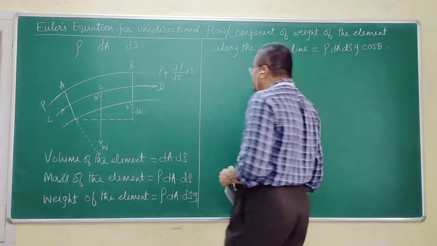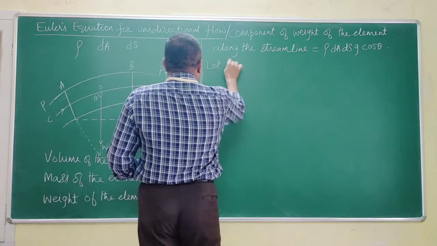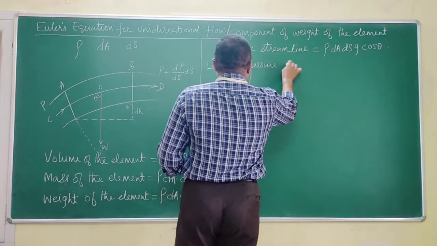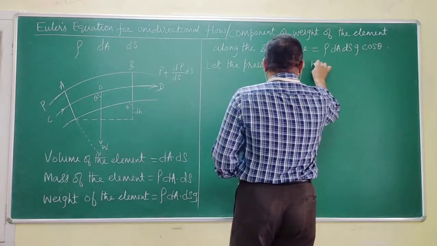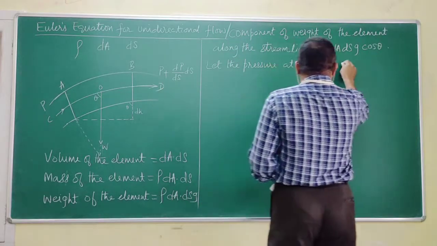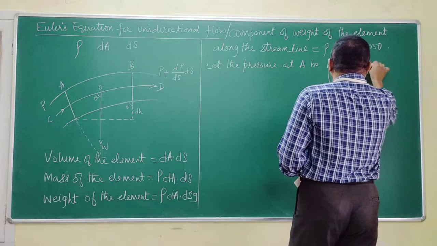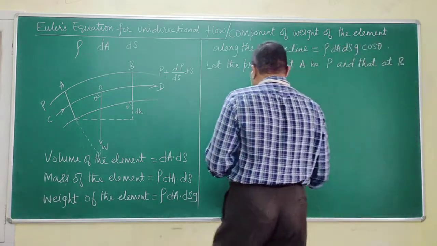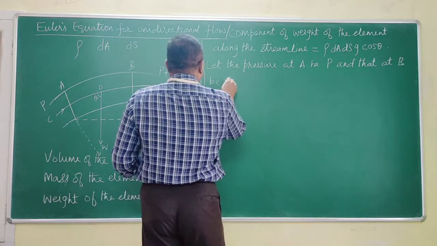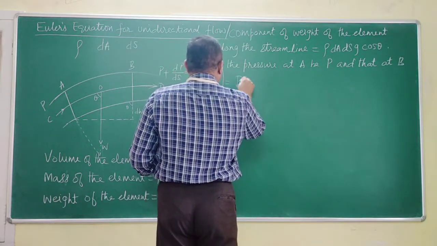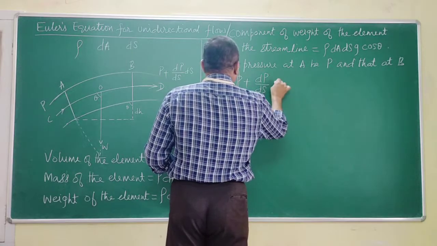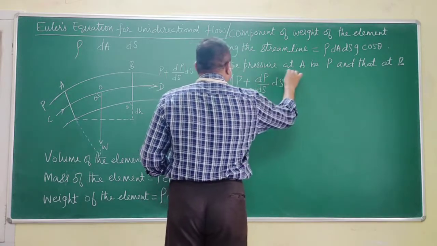Let the pressure at A be P and that at B be equal to P plus dP by ds into ds.